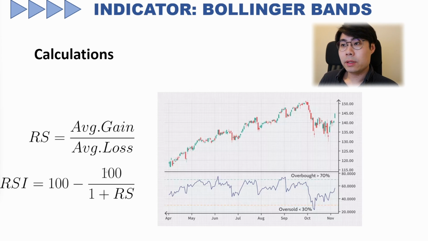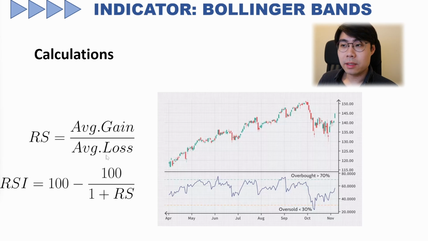If we understand the logic here, you'll realize that if the average gain is higher than the average loss, then the ratio will be bigger. In the 100 over 1 plus RS term, 100 over a bigger ratio will give you a smaller number. And 100 minus a smaller number will give you a bigger number.